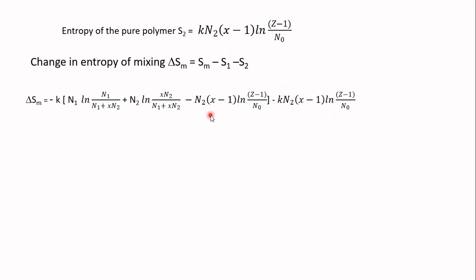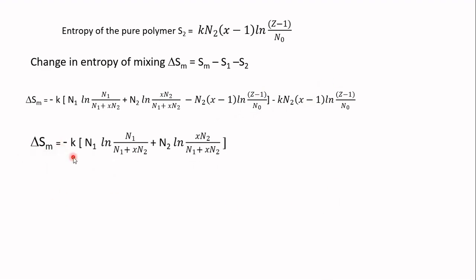In this equation, the last two terms are the same with opposite sign, because here it is minus. When I multiply this one with this minus, it will convert into a plus. Then these are the same terms with opposite sign, and they cancel one another.